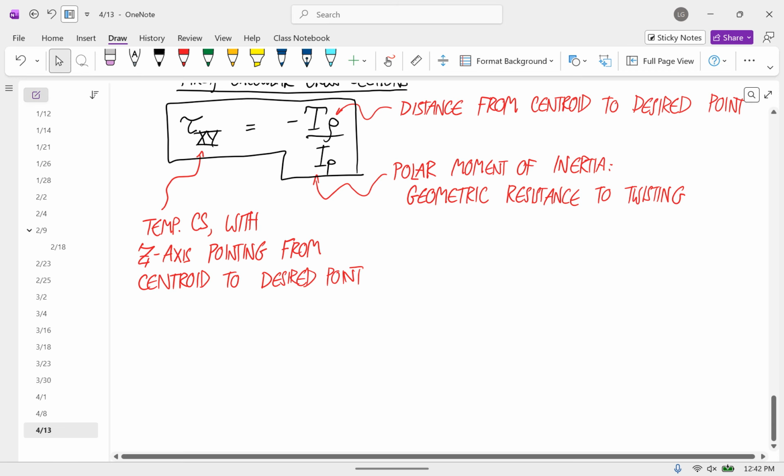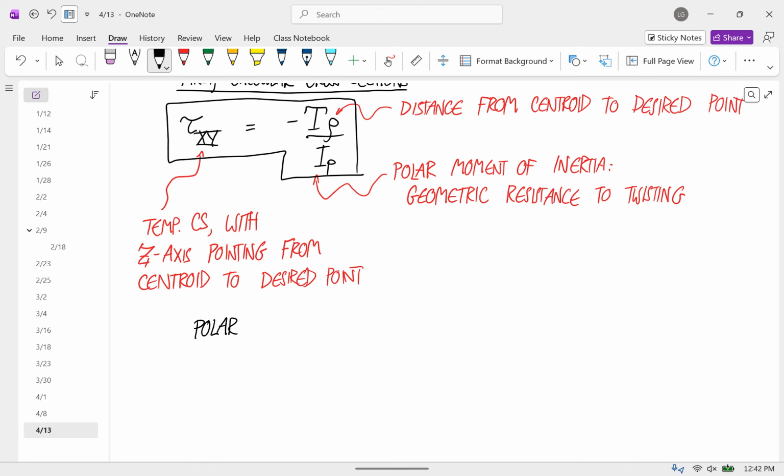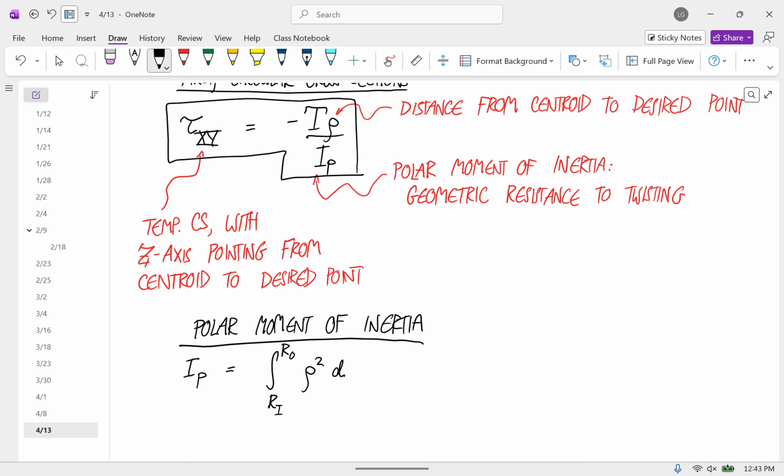The polar moment of inertia has an integral definition that I'll just give you, but we're never going to use it one single time. So the definition is the integral from the inner radius to the outer radius, in case you have a hollow shape, of rho squared times dA.